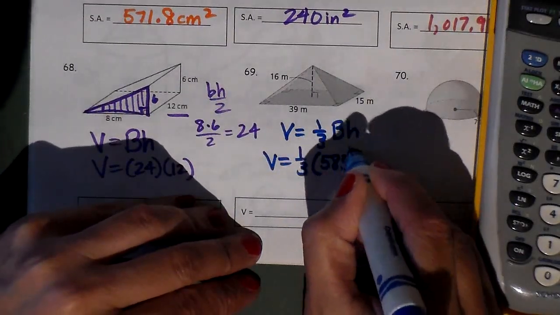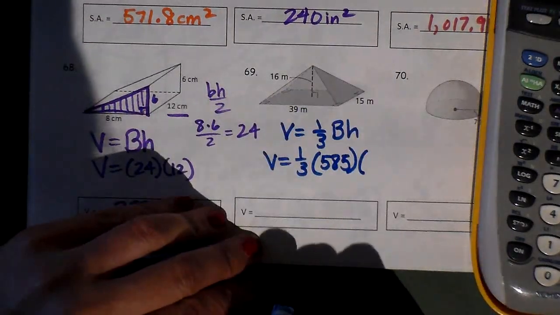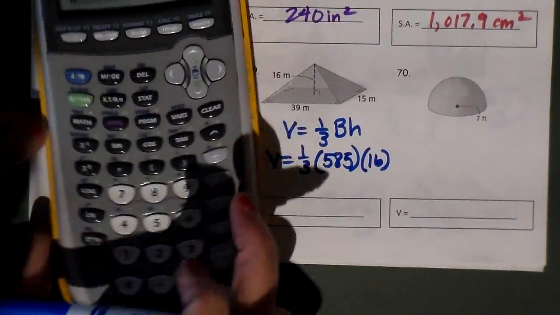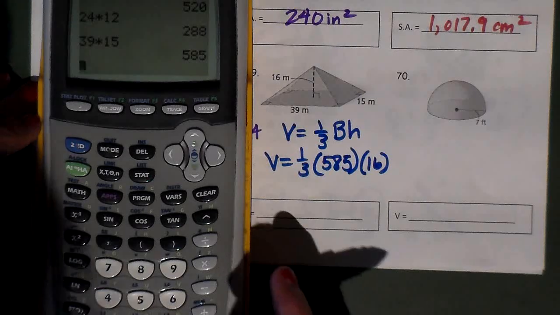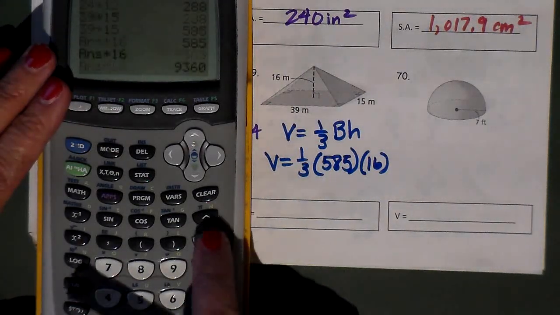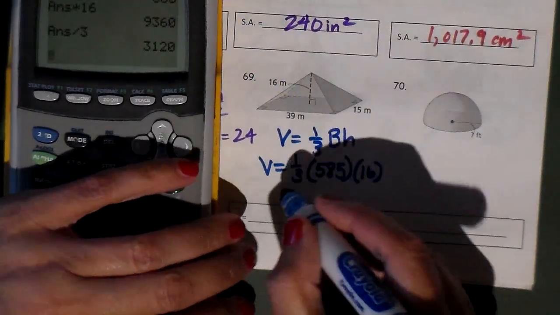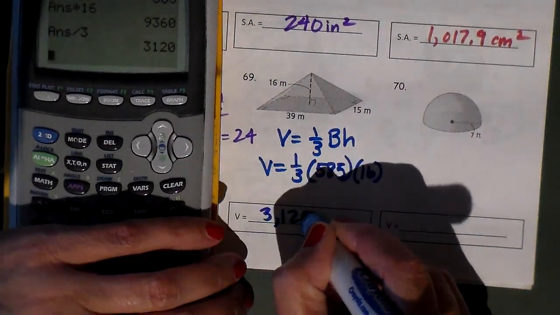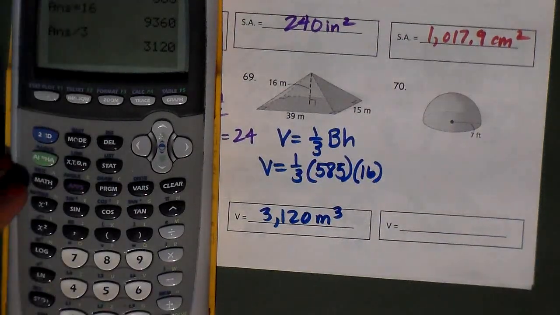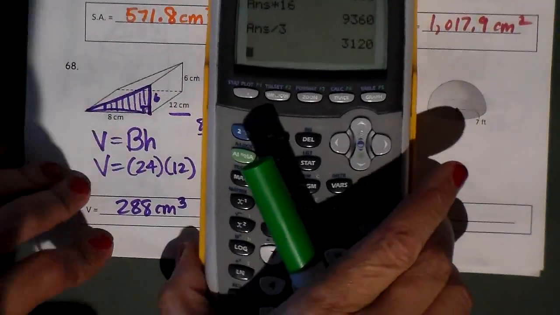That's the area of my rectangle. And then how tall is this guy? 16. So I'm going to do 585, which is what I already have, 585 times 16 divided by 3, and the volume is 3,120 meters cubed.